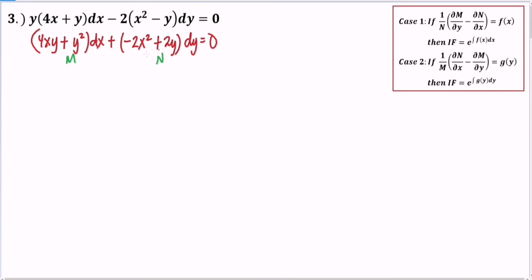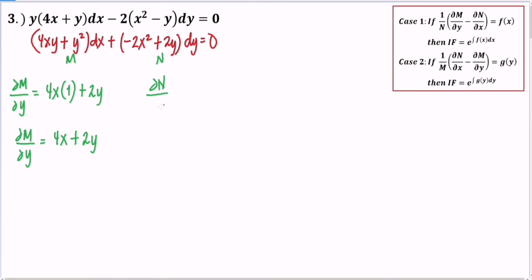So, ito yung m natin, ito yung n. So, let's get the partial derivative of m over partial derivative of y. In terms of y tayo, so yung x natin ay constant. So, we have here 4x times 1 plus y squared, 2y. So, ang partial derivative of m in terms of y is 4x plus 2y. Okay, and then yung isa naman, partial derivative of n in terms of x.